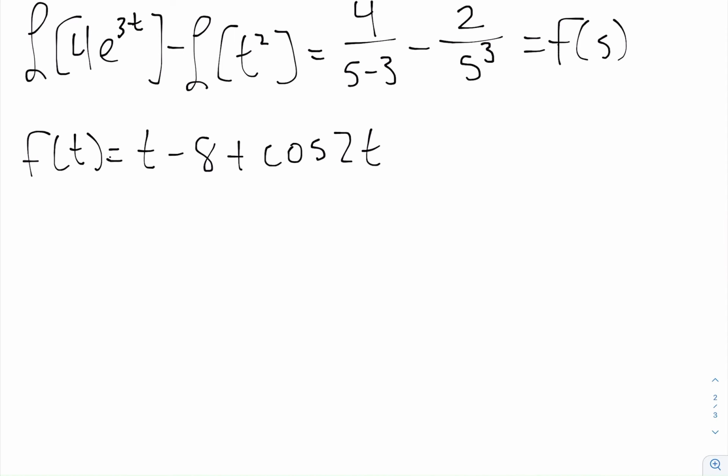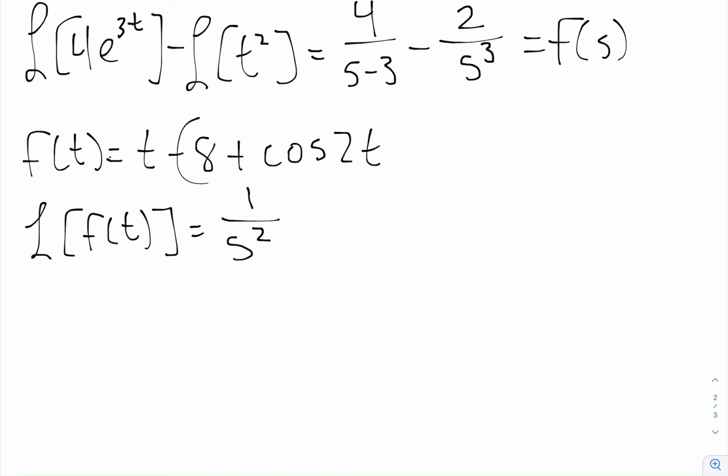Well, the Laplace transform of f of t, like I said before, we can just break all these up. So for the t part, it's going to be t to the 1, so 1 factorial over s to the 1 plus 1, so it's going to be 1 over s squared.